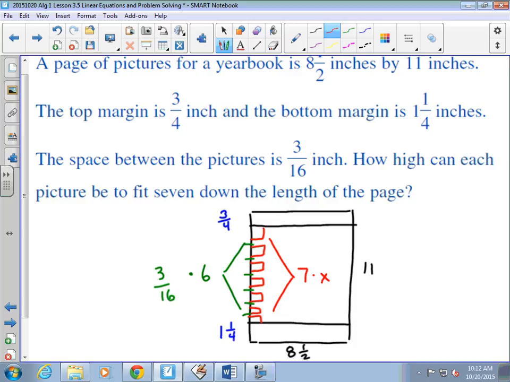So this picture right here represents all of the numbers that we need to determine how big each picture can be. Okay, first off, what number up there is completely unnecessary? What number do you not use?